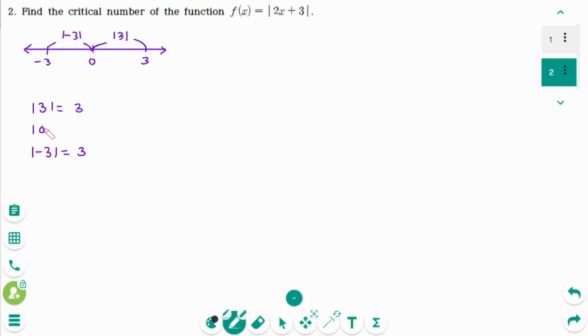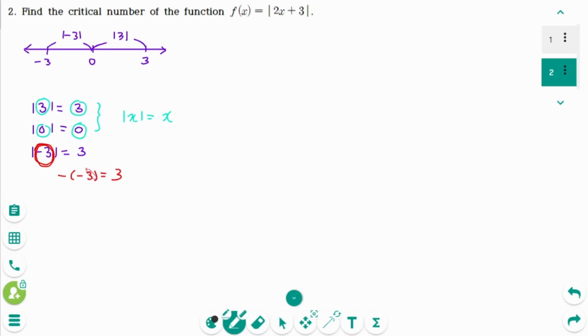And absolute value of 0 equals 0. In here, 3 is 3, 0 is 0, then absolute value of x equals x. If x equals minus 3, we can read it as minus of minus 3 equals 3.